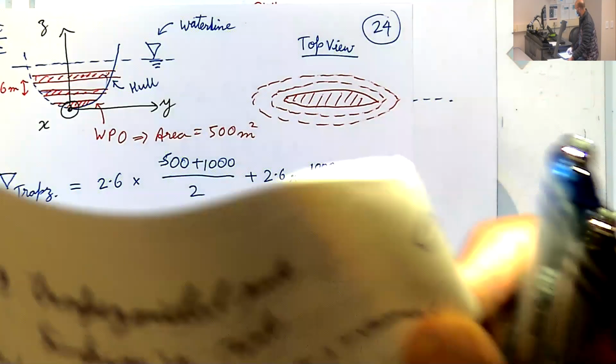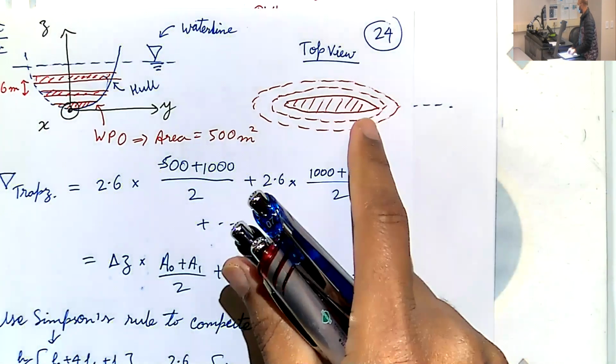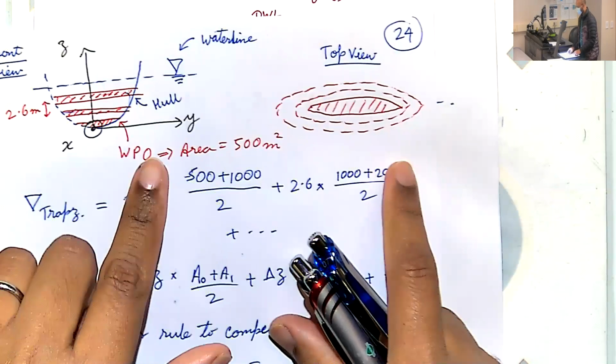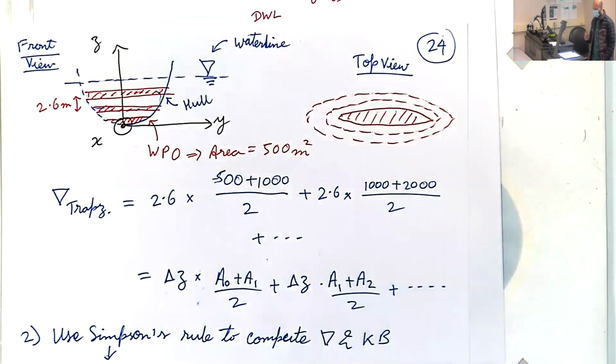Once you do that for all these different levels, then you can compute the volume, again, using numerical integration. So all of this, you basically combine, not just for area and volume, but for every property you need, like the moment of inertia and the metacenter height, which we'll talk about right now.